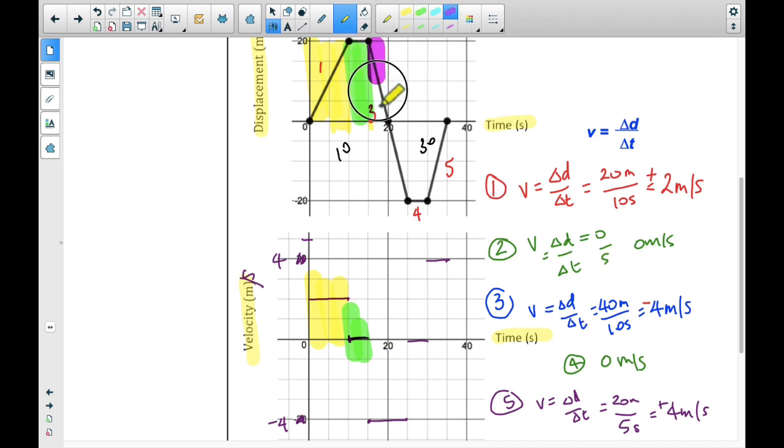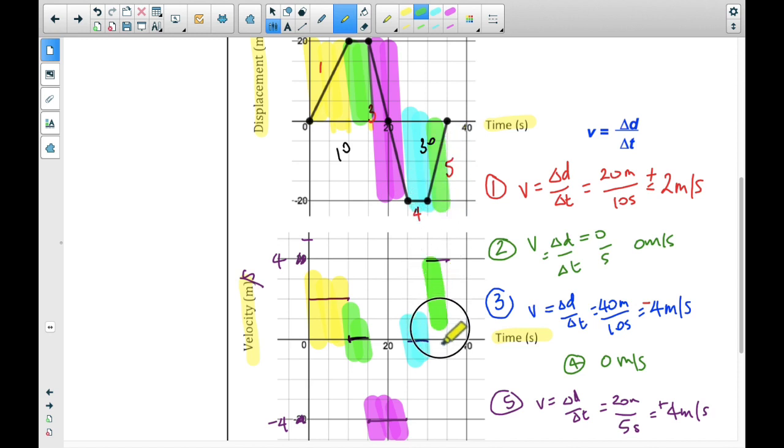And then I have this section for 10 seconds, and I have this section for 10 seconds. And I have this section for 5 seconds. And the last section is also 5 seconds.